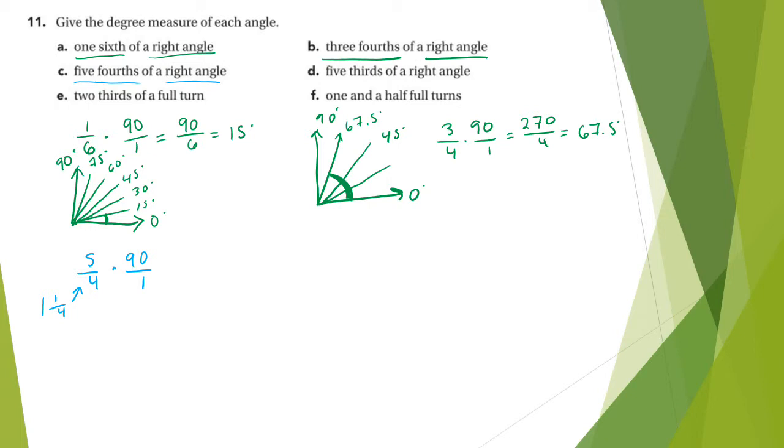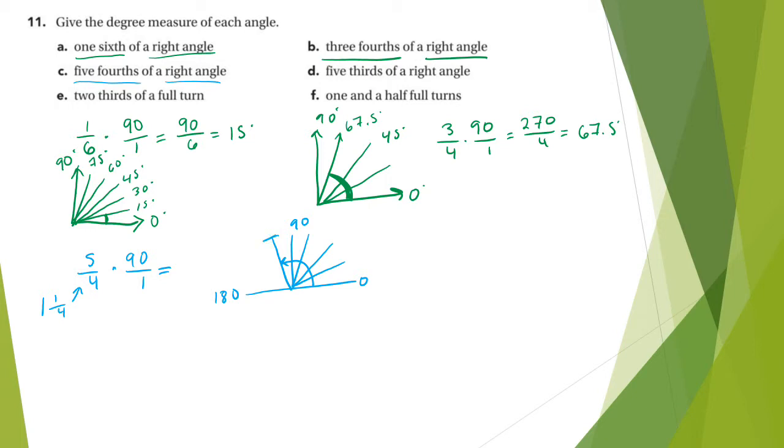I just need to be aware that my answer is going to be bigger than 90 degrees. And that makes sense, because I'm not just going a full right angle from 0 to 90. I'm going 5/4. If I imagine dividing the space between 0 and 90 degrees into fourths, I'm going 1 more fourth past that. So I'm expecting an answer that's bigger than 90 degrees.